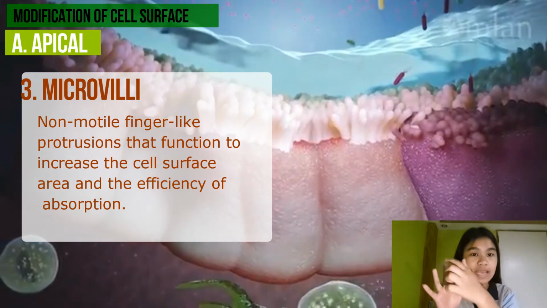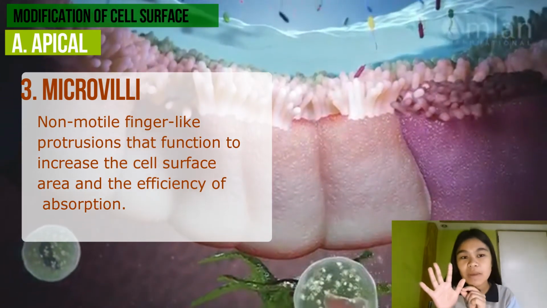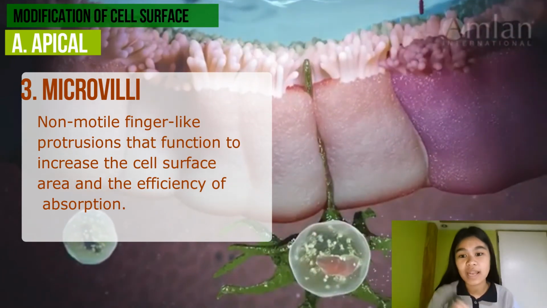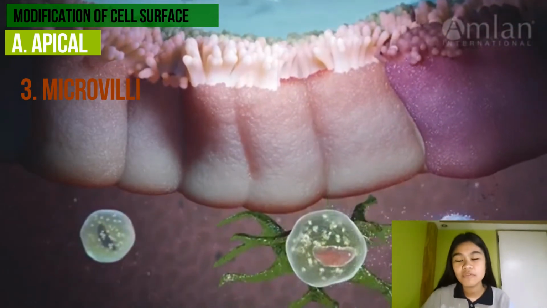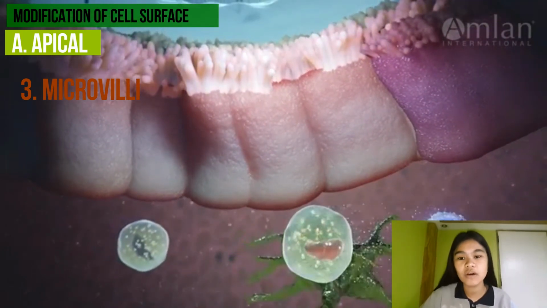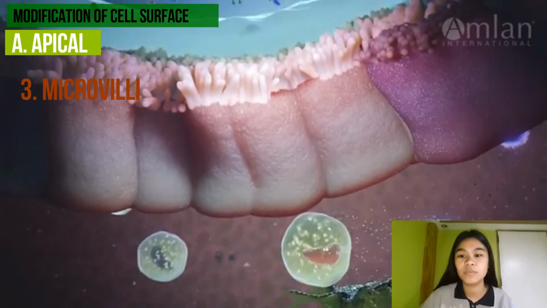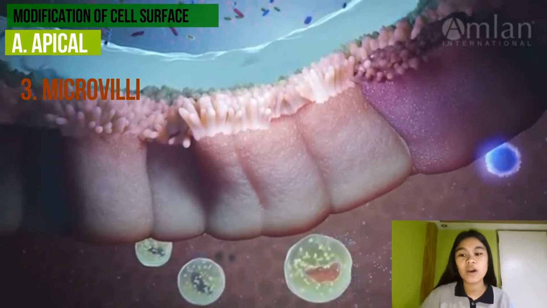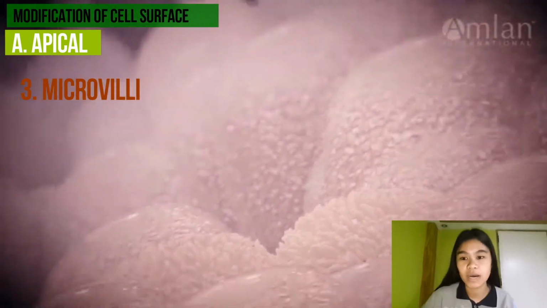This is the villi. And then, meron pang mga maliliit dito sa palibot ng finger. That's the microvilli. So this can be found in the intestine that facilitate the absorption of ingested food and water molecules. So as you can see again in our illustration how microvilli works in our body.